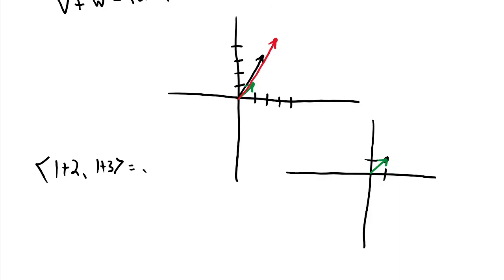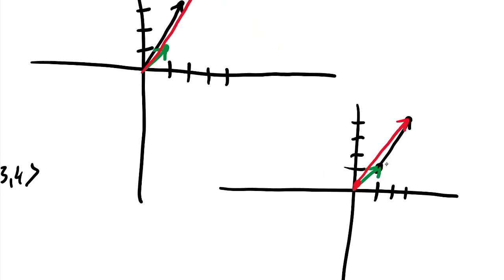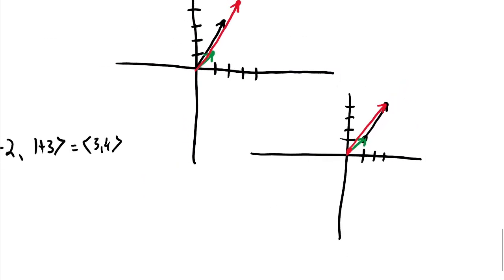That's what we got over here, 3, 4. So let me draw that out. That gives us the vector v plus w. It kind of makes a triangle when you put them together.